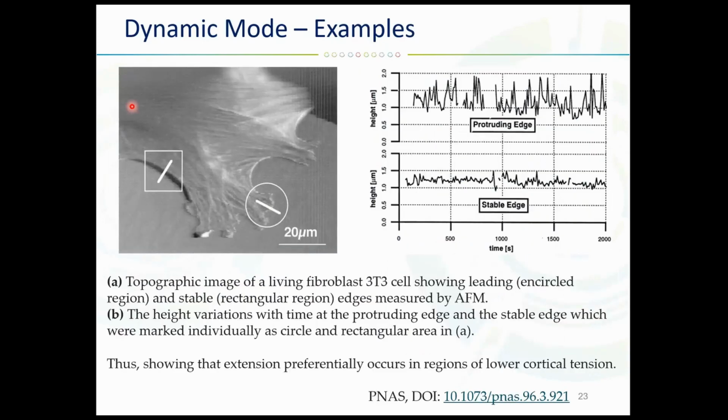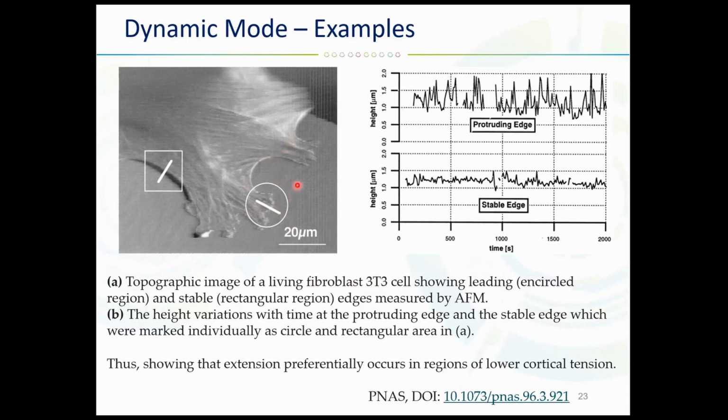Next example. Here we are investigating the extension and retraction dynamics of the edges of fibroblasts in cell culture. Force mapping mode allows the protrusion of the active cell edges to be checked, and we can check its kinetics, its thickness, and different mechanical properties.